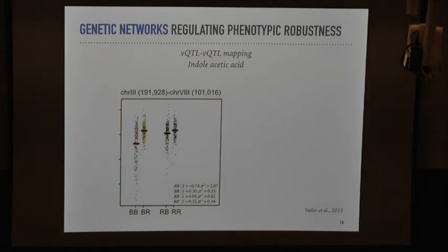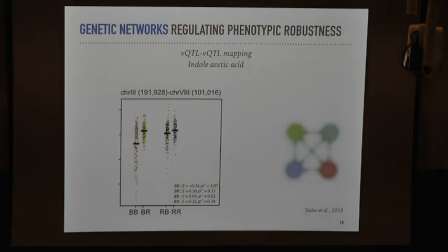This is the same population divided into 4 categories: BB, BR, RB, RR, in the order given here, chromosome 3 marker and chromosome 8 marker. You can see that while these 3 combinations have pretty much the same mean values and variances, only this particular combination of BY alleles of these 2 markers leads to a significant increase in variance, as shown by the spread here.